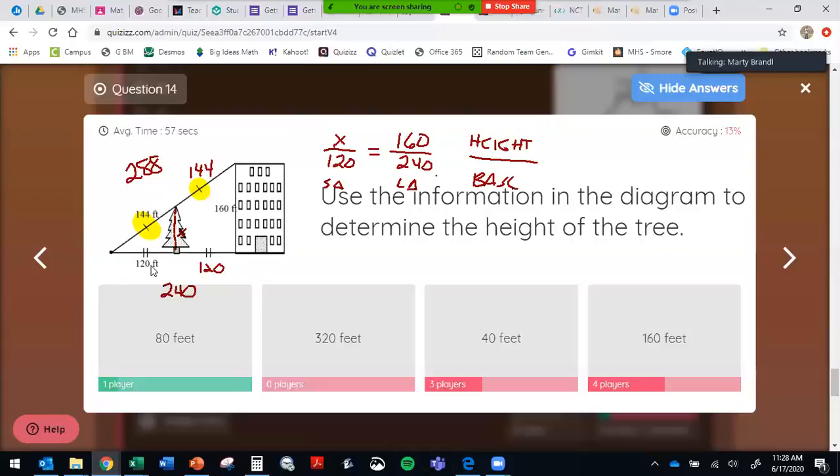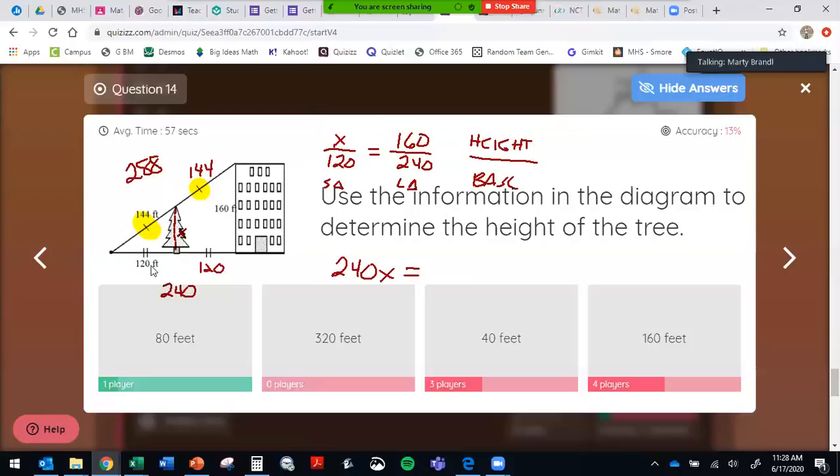So we have x times 240. So 240x equals, and then we've got 120 times 160. And let me grab my calculator here. I'm going to do it on my phone because I can't use the screen right now.